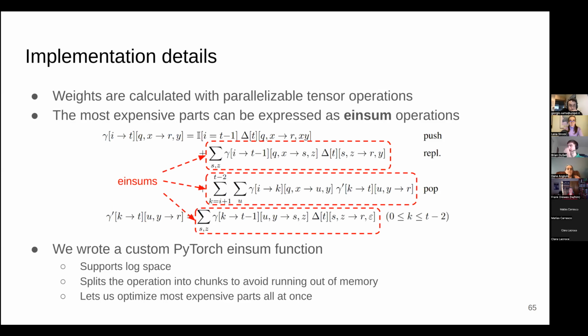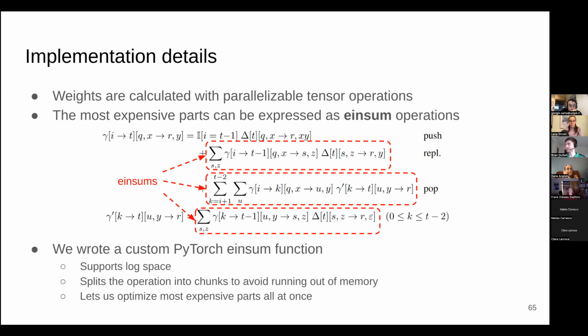One more crucial detail is that we implemented the model with efficient parallelizable tensor operations. I definitely don't expect you to digest any of the math here. The only thing I want to point out is that the formulas for computing the stacked WFA weights have these sums of products, and these sums of products can be represented as einsum operations.